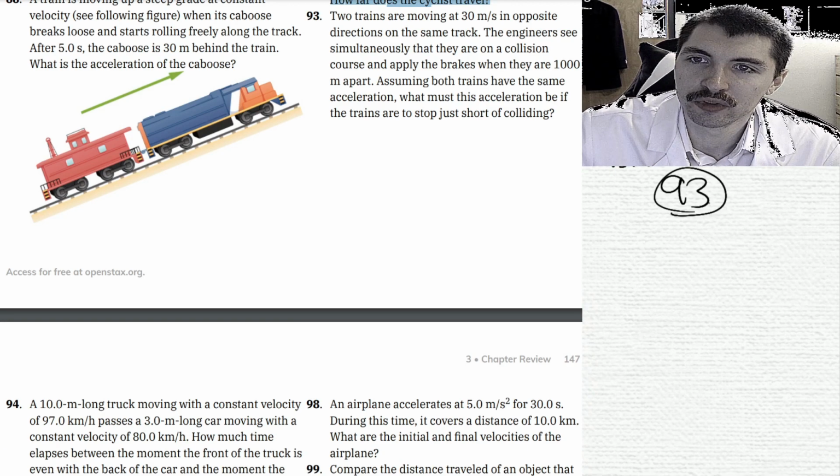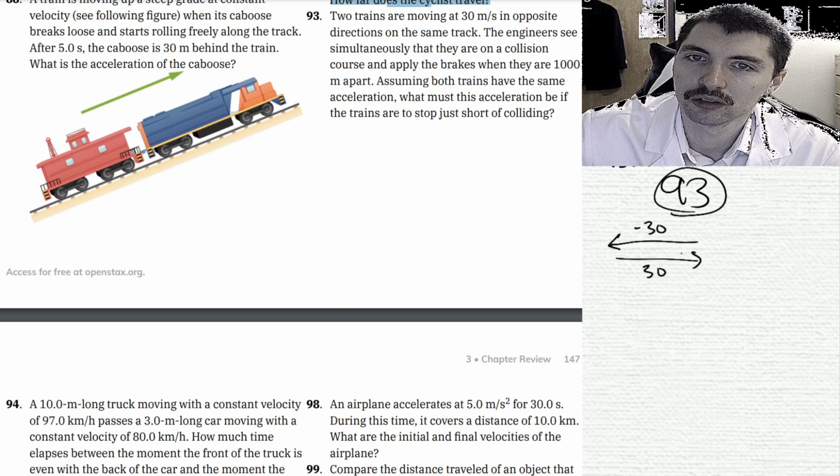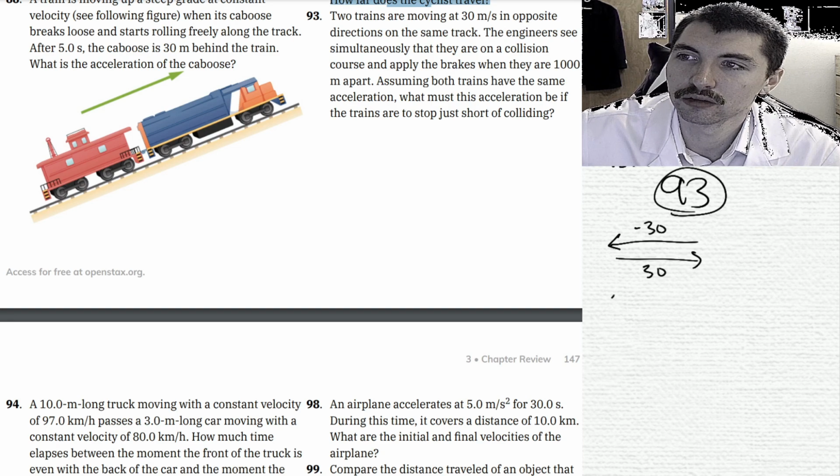Okay, two trains moving at 30 meters per second in opposite directions. This one's going negative 30. The other one's going 30. On the same track. That's not good.